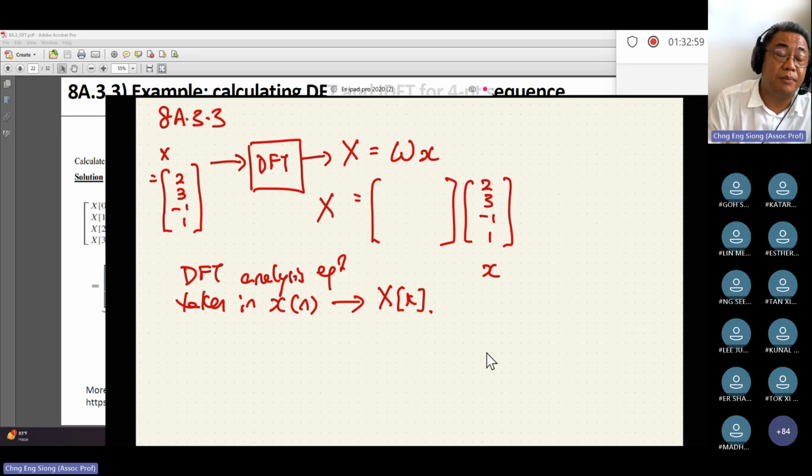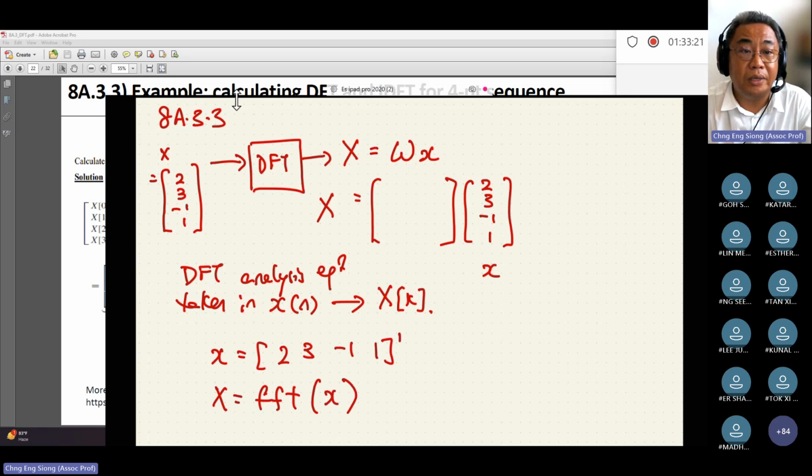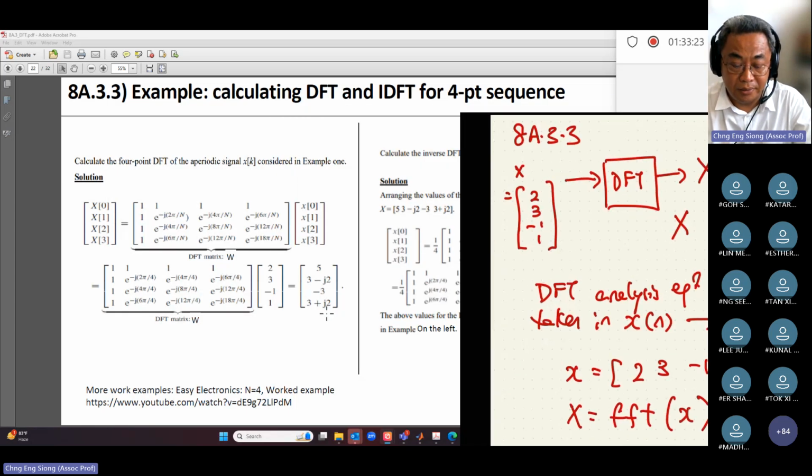Once you get MATLAB's answer, you compare against yours. So we write small x equals 2, 3, minus 1, 1 transpose, and then big X equals FFT of small x. FFT is fast Fourier transform. We are expecting to get this number here.